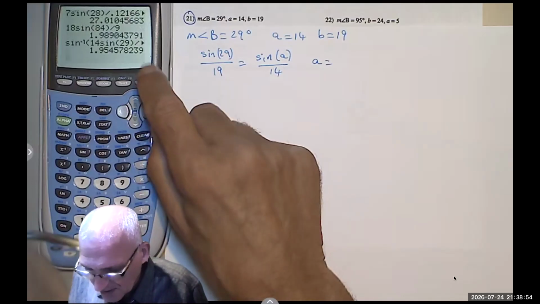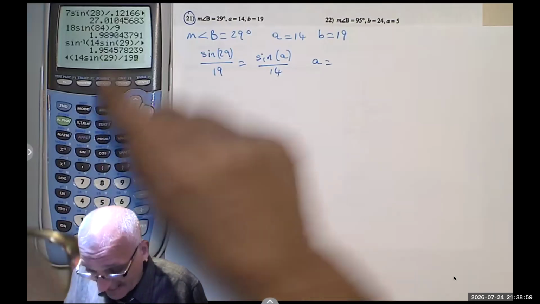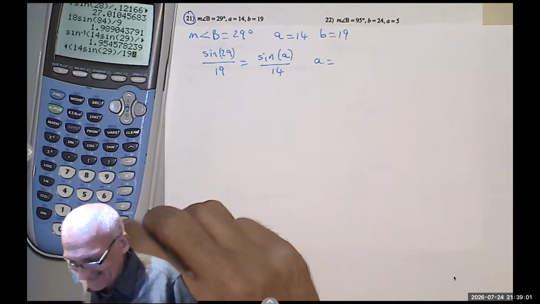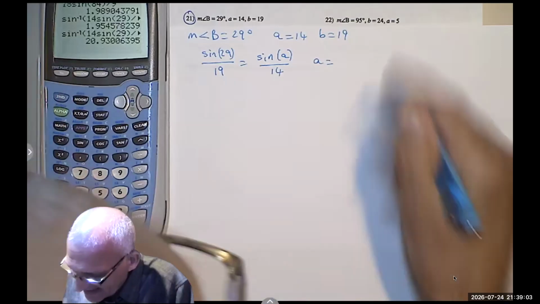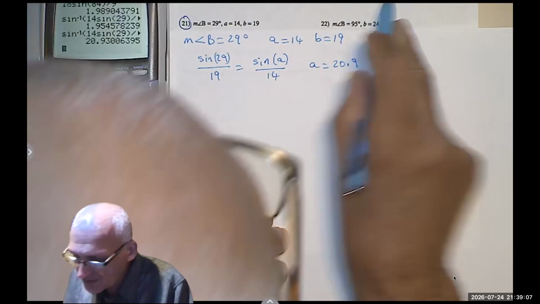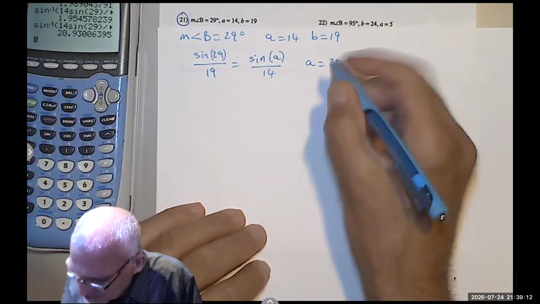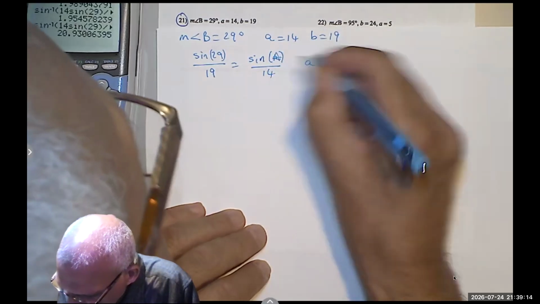I divide by 19, I think. Oh my God, I have to do something wrong. Okay. And I get this angle is 20.9. Okay, I'm sorry, this is the angle.